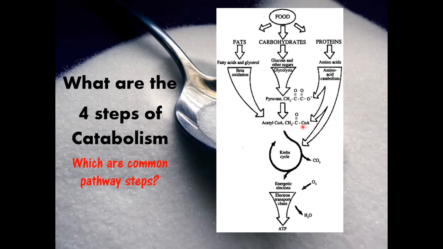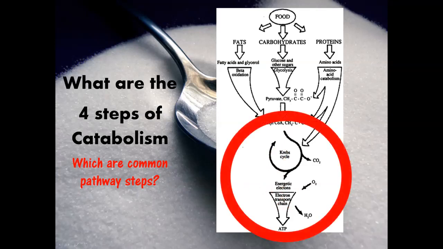Acetyl, the YL, is just what we call it when it's attached to something. And the common steps are here, the Krebs cycle, which goes around, and no matter what you eat, goes into the Krebs cycle, which then goes into the electron transport chain and oxidative phosphorylation. These last 2 can't happen without each other.